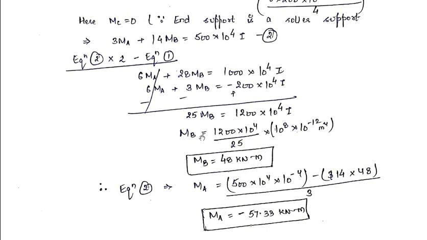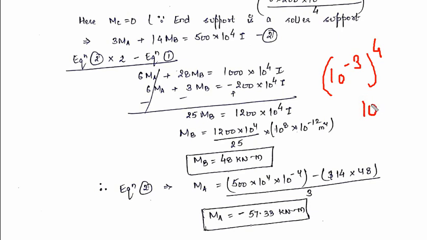Now while calculating the value of MB, you will have to put the value of I. So the value of I in the question is given as 10 to the power 8 mm to the power 4. So we know that 1 mm is equal to 10 to the power minus 3 meters. Now here the unit is mm to the power 4, so this will also be to the power 4.